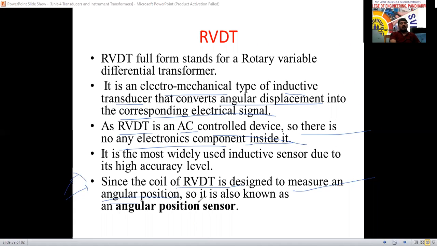So it is also known as an angular position sensor. This is just the basics of the RVDT. It is an electromechanical type inductive transducer, and it is also called an angular position sensor, because it is designed to measure an angular position. For that reason the name came, angular position sensor.